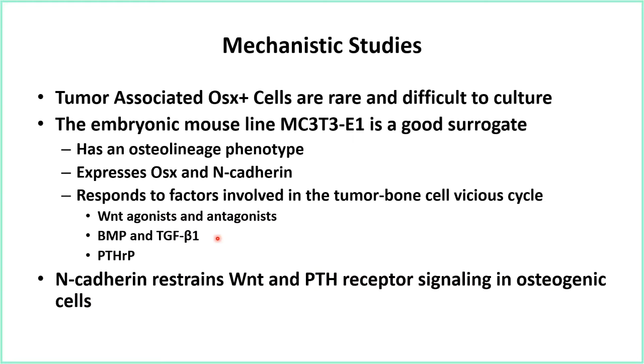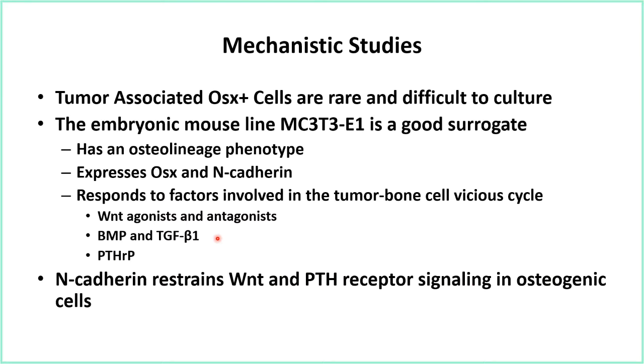So we turned to an embryonic mouse cell line, the MC3T3-E1, which I think is a good surrogate for these particular studies. Of course, we'll have to validate back in the real cells, but these cells are very similar to the osteoresponsive cells in the tumor because they have an osteolineage phenotype, although they are not differentiated.